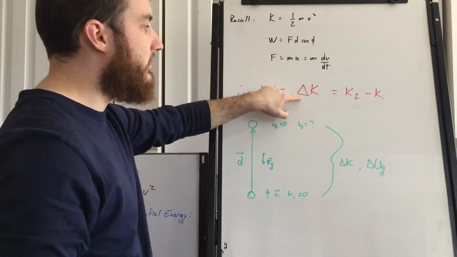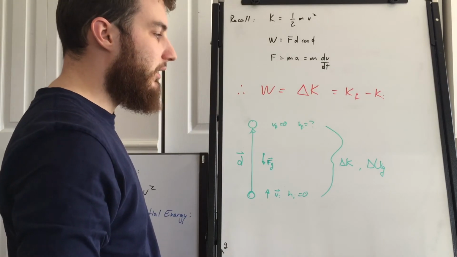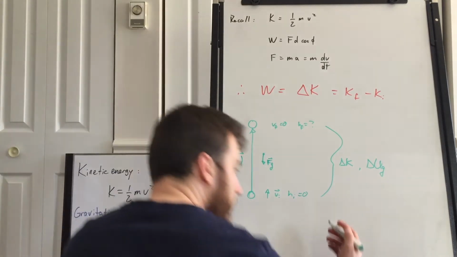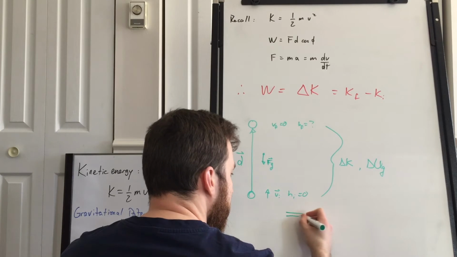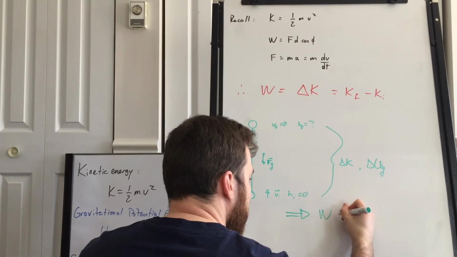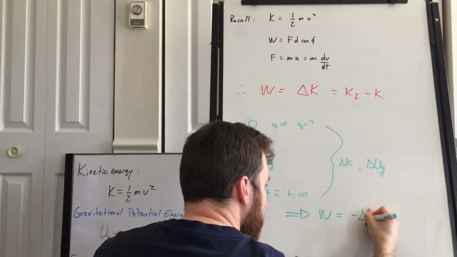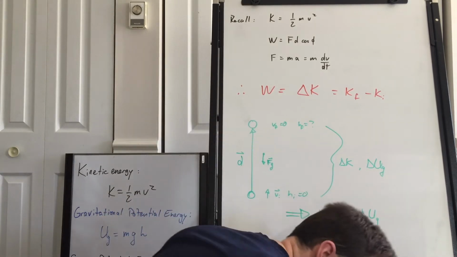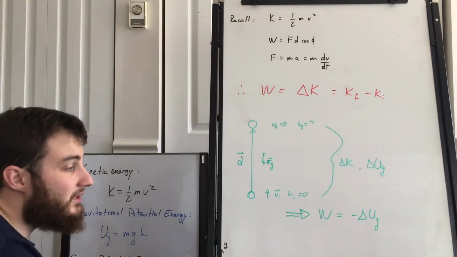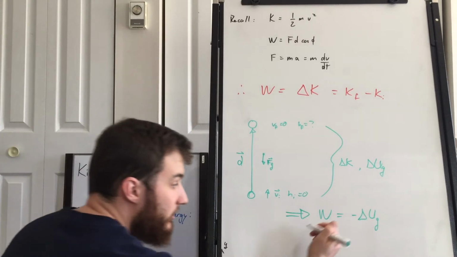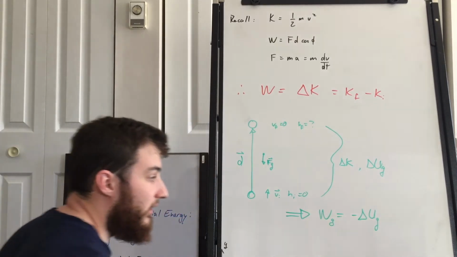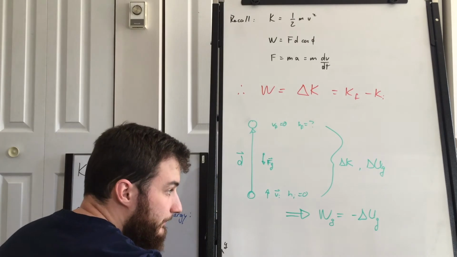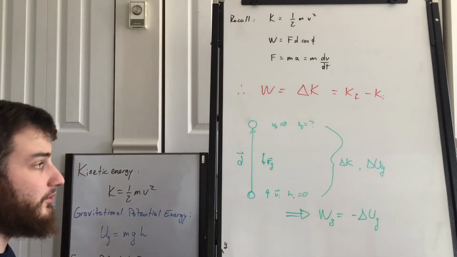But we know the work is the difference in the kinetic energies. So really what we can write is that the work is negative the change in gravitational potential energy. This, however, is just the work done by the gravitational force, by no other force whatsoever.